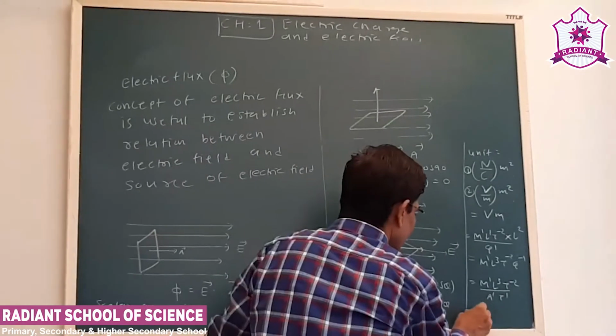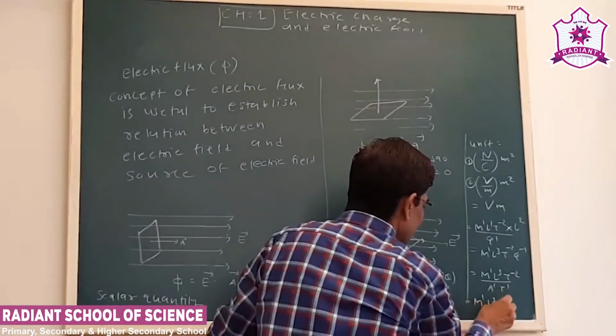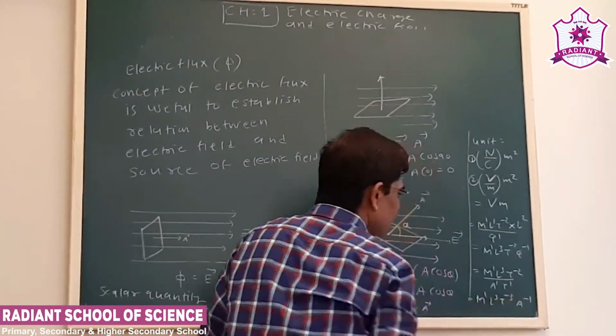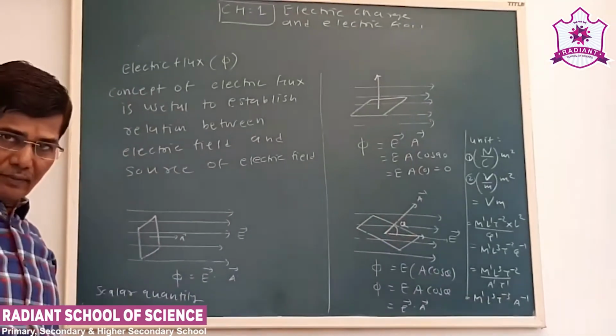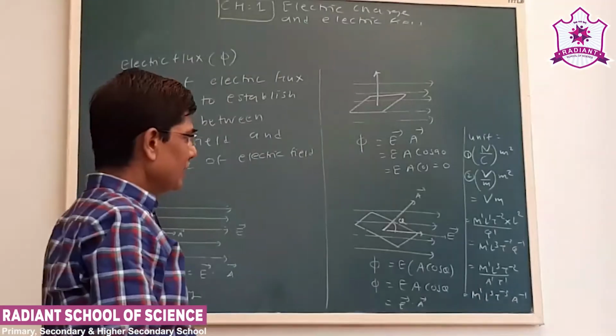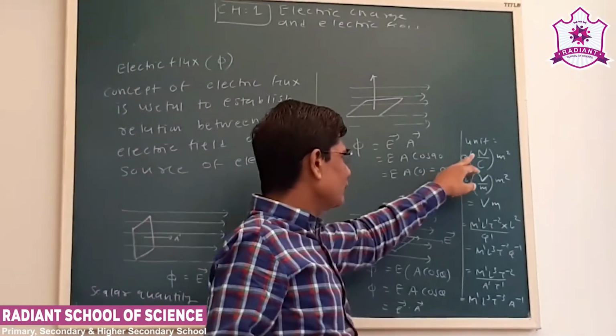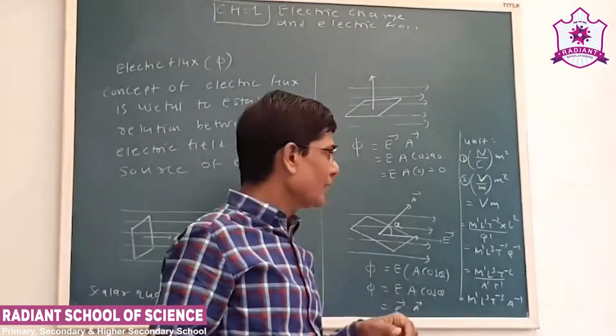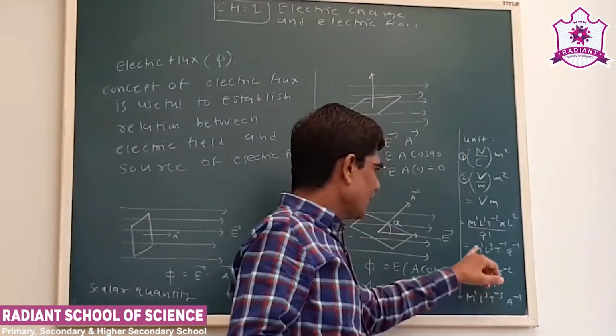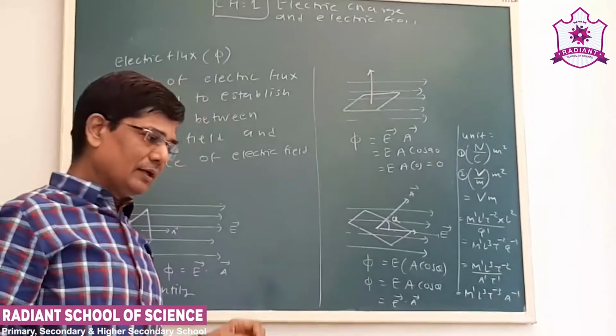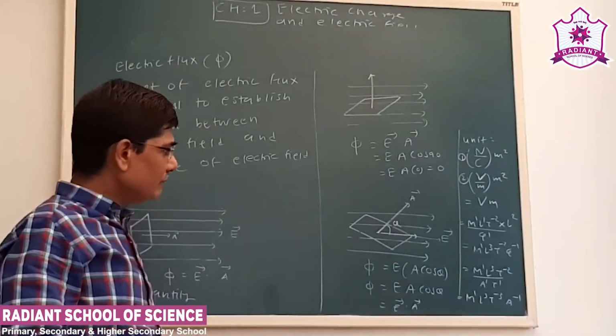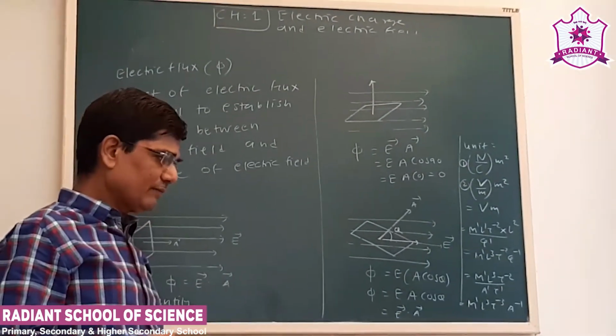So that will be the dimensional formula of the electric flux. See what the units are here? First is Newton meter square upon coulomb. Second is volt meter. And this is how we can write down the dimension of the electric flux.